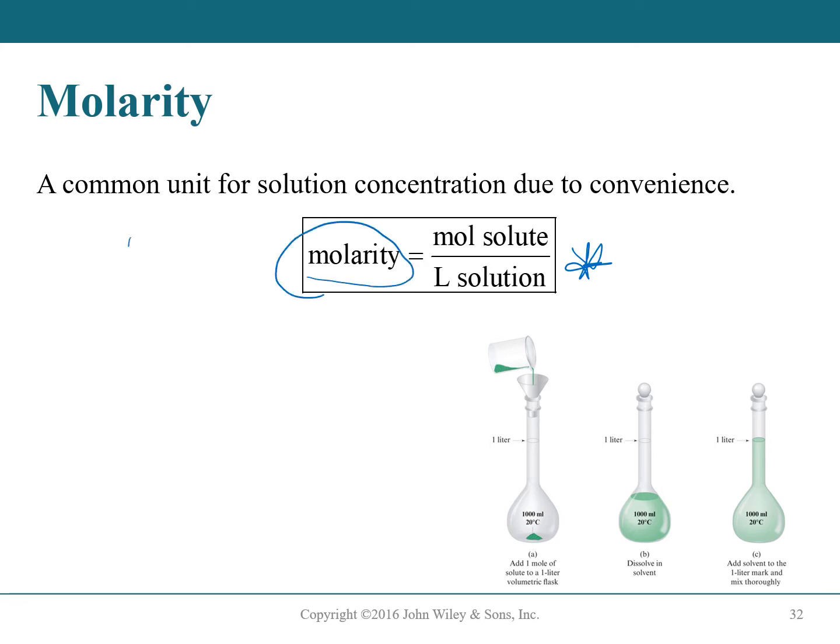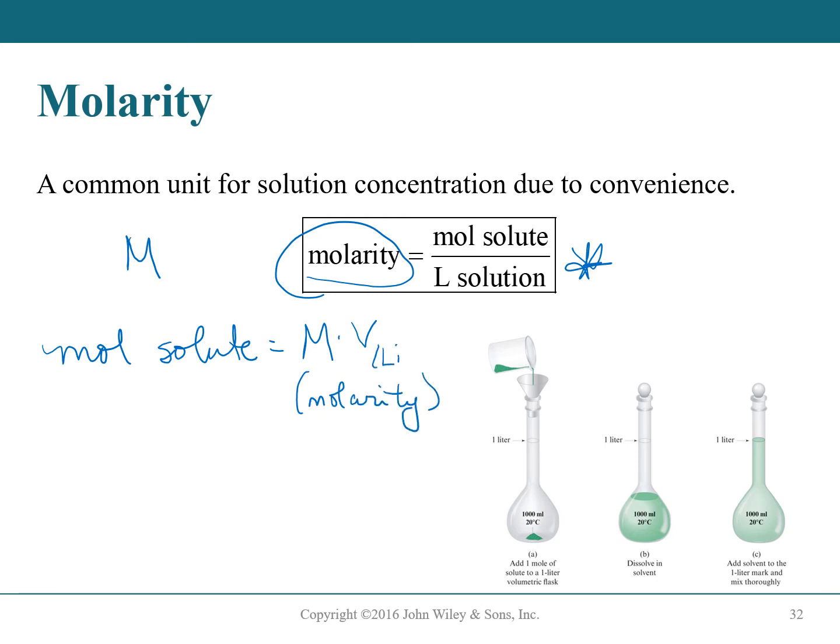The abbreviation for molarity is a capital M. If I want the moles of solute, then I multiply both sides by the volume. So it's my concentration in molarity times the volume, where the volume is going to be in liters. And now I'll get moles of solute.